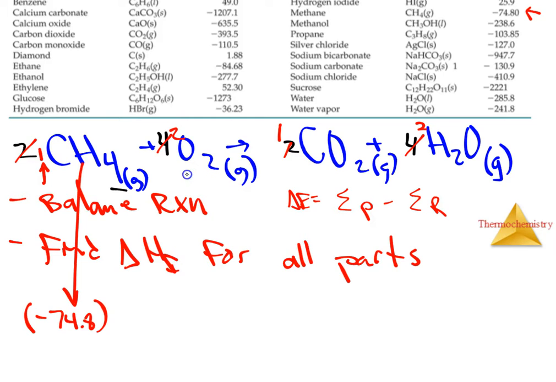And then oxygen. Please pay attention to this sentence. Oxygen, which is O2, is an element. Pure elements do not have a heat of formation unless they're in what I call an allotrope, if they're arranged in ways that we don't typically find them, like diamond up there.